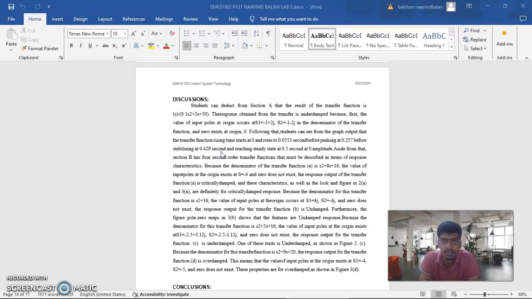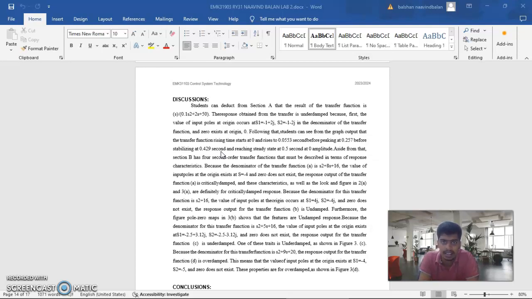So the denominator of the transfer function and the zero exist at the origin. Students can see from the graph output that the transfer function rise time starts at 0.0553, and then the peaking at 0.257 before the stability at 0.429 seconds.